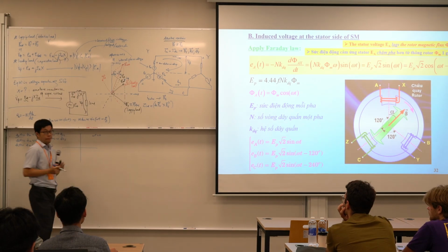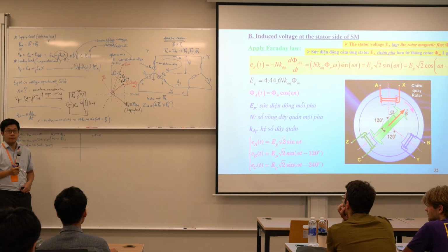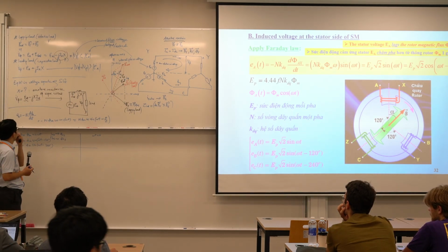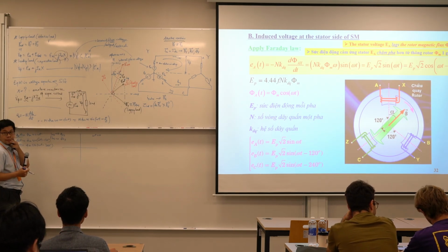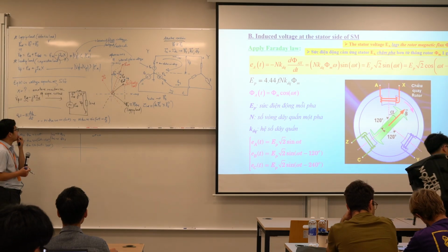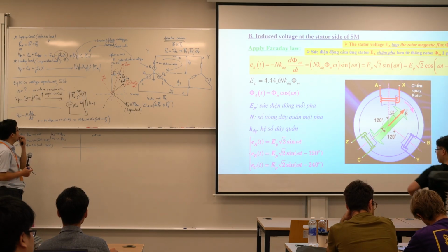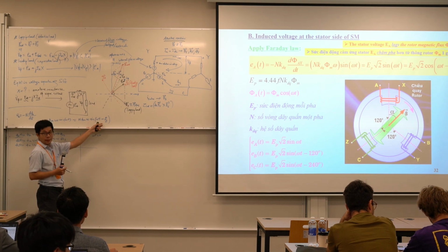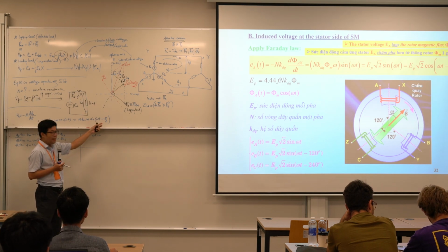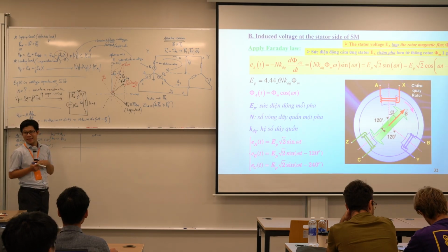Correct. Omega t is 0, there is minus 1 is 0, there is sine of minus 90, there is a minus 1. Okay? If this is 90, 0, it's okay.